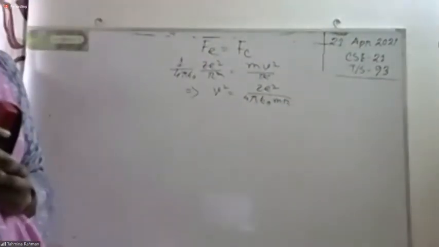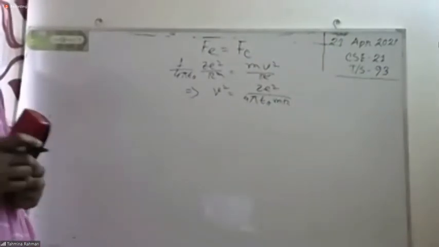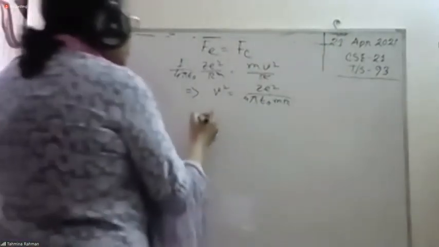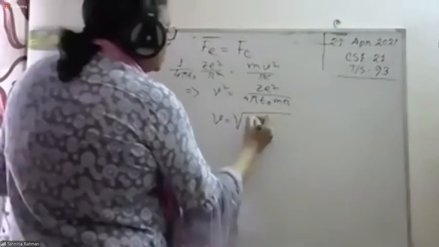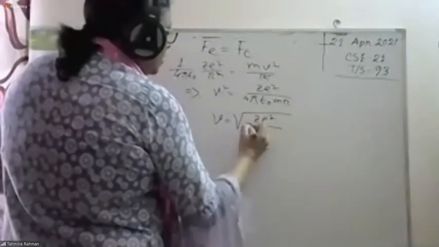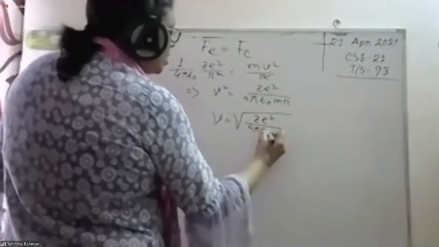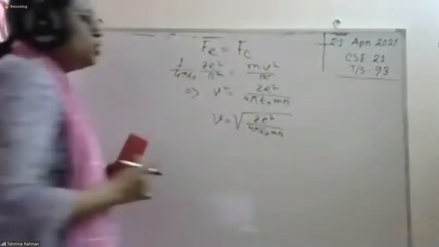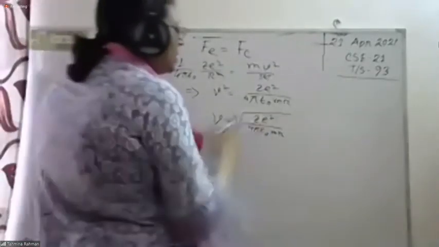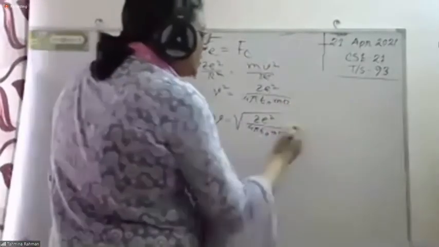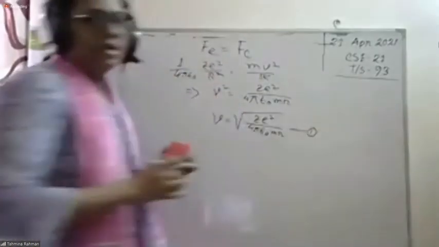Just changing the side. Now we can write v equals root over Ze squared by 4 pi epsilon naught m r. So we get one expression for v, the velocity of the electron. This is our equation number 1.